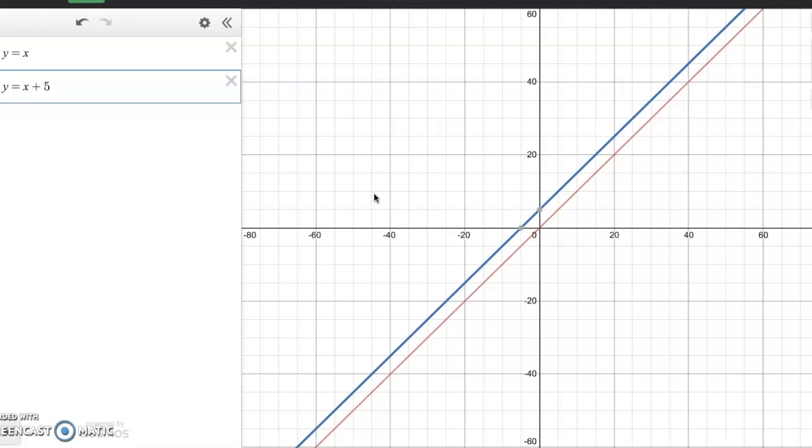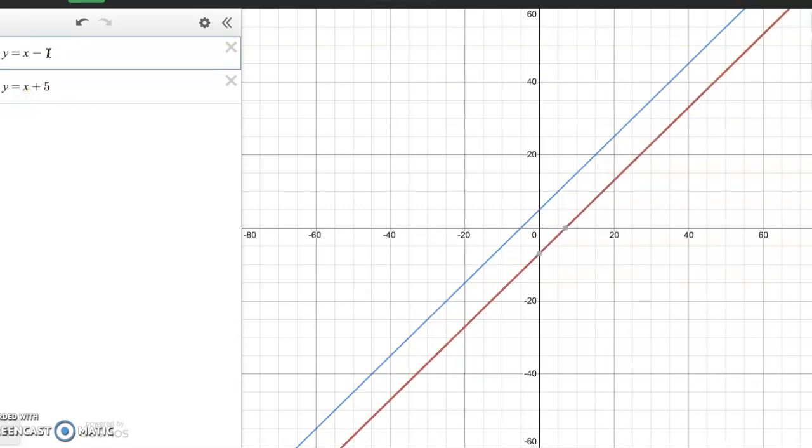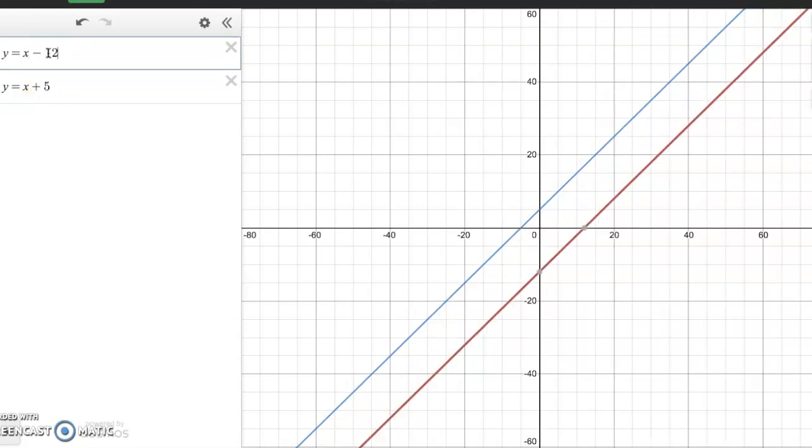And we can tell from the equations that two lines are parallel when they have the same slope but different y-intercepts. So for example, I could put this line anywhere and it would still be parallel because the slope is the same.